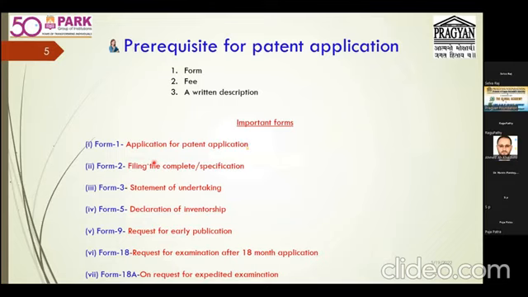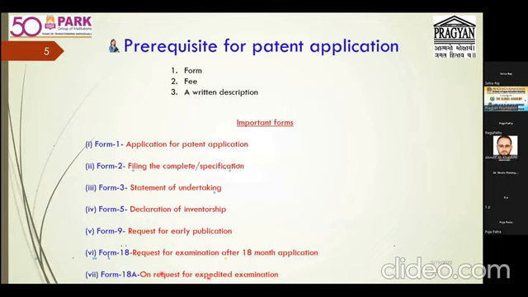This is what I'm going to talk about in my particular talk on this topic: how to go for the specification. Form number 3 is the statement of undertaking, form number 5 is the declaration of inventorship, form number 9 is a request for early publication, form number 18 is a request for examination after 18 months of publication, and form number 18A is a request for expedited examination.